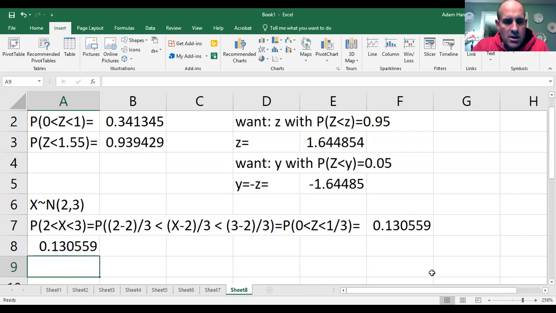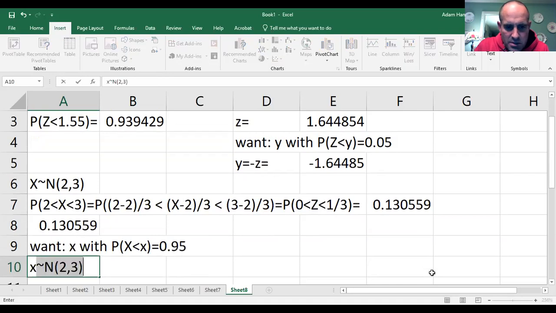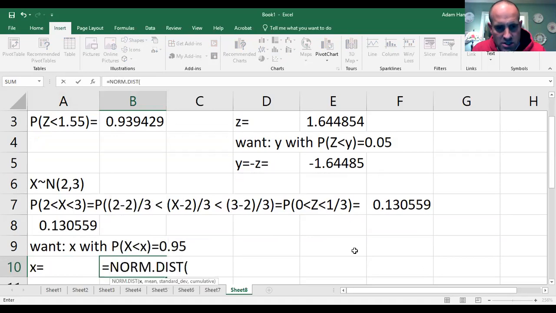Okay. We want the 95th percentile. So what do we want? We wanted little x with the probability that x is less than little x equal to 0.95. So what's that going to be? Well, let's go ahead and use the ordinary normal distribution function.